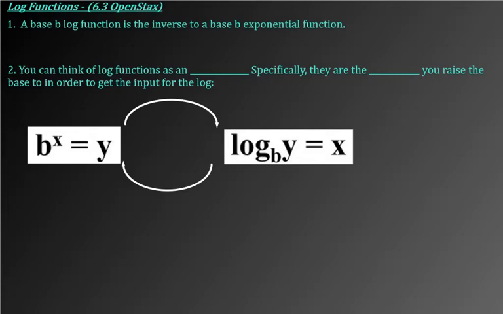All right, so there's basically 2 ways that we think of logs. One is the thing I just talked about, that a base b log function is the inverse to a base b exponential function, right? The other thing you can think of a log function as is an exponent, and specifically, it is the exponent that you raise the base to in order to get the input for the log, okay?